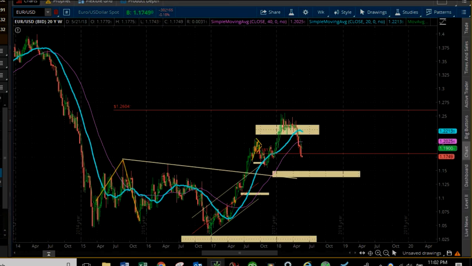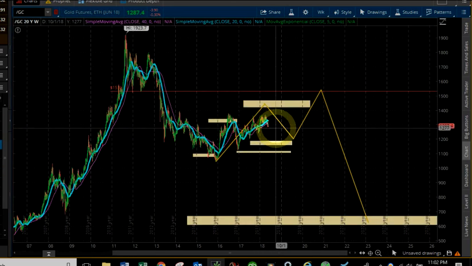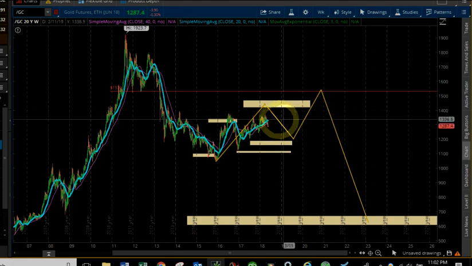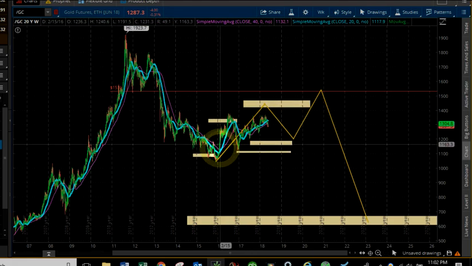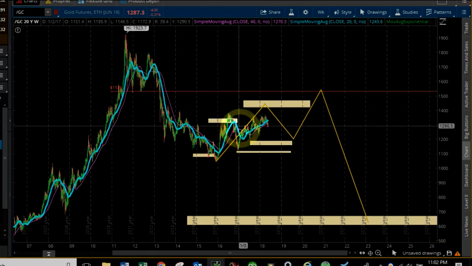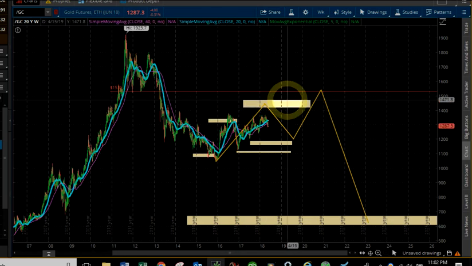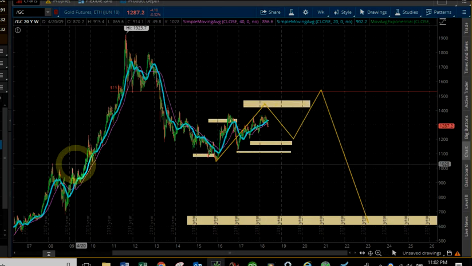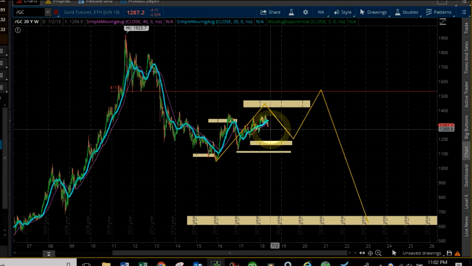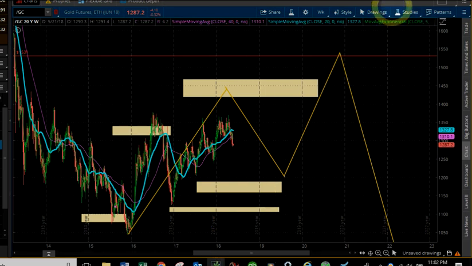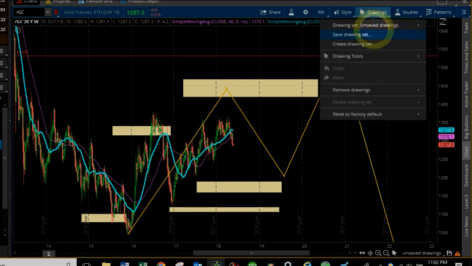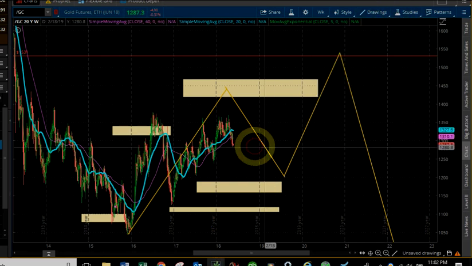Gold and silver, I think, are on the verge of being bullish, but they're kind of finishing up something here. I mean, it's just very hard for me to tell what's going on with gold and silver. Clearly, this is some sort of ABC, and I think we're going to rally up into this area at some point. We're right at trendline support, which is a great place, if you're a trader, to look for support.